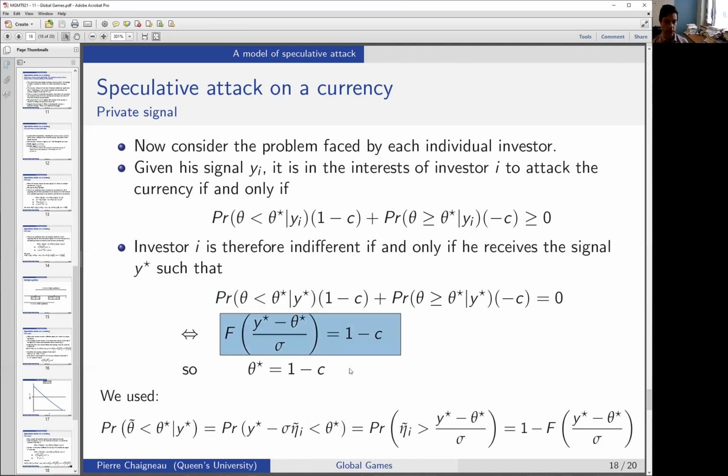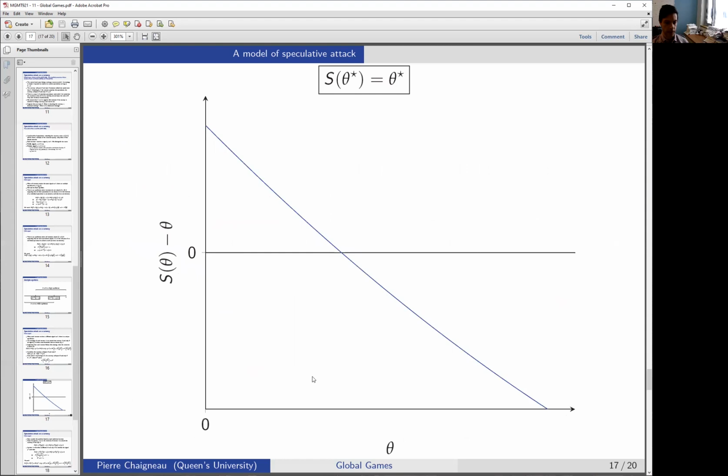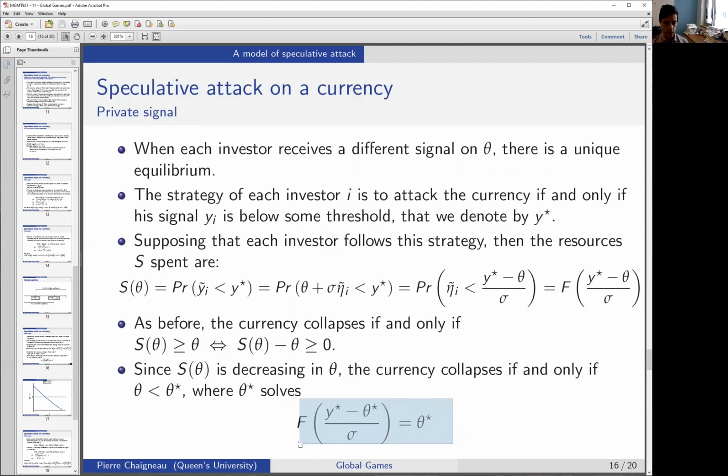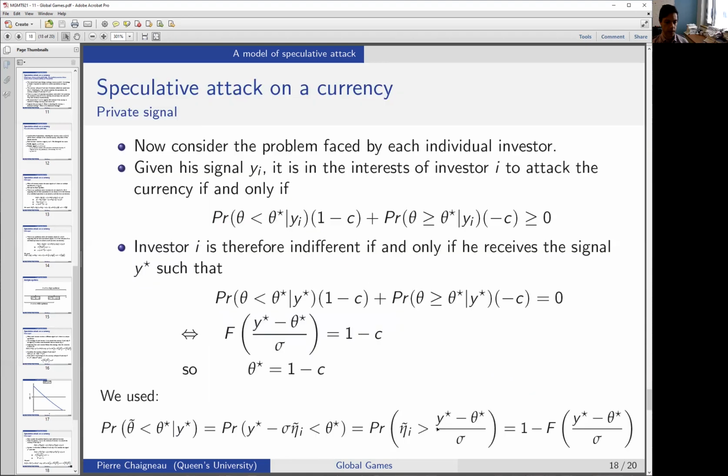And we rearrange, we get this expression. And now finally, if you compare this equation, notice especially the left-hand side, to that equation, notice the left-hand side again, which are the same. So we can equate these two equations. And we find that theta star is equal to 1 minus c.